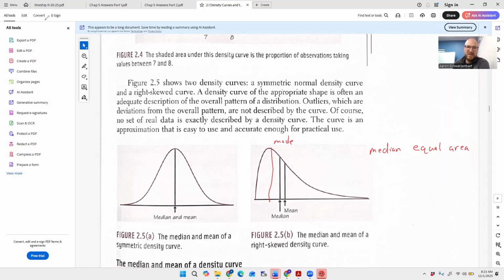Which way do you notice the mean being dragged from the median? It's pulled towards the end because those have a greater effect, because they're further from the mean. So equal area here for median, 50% above, 50% below. That kind of makes sense?